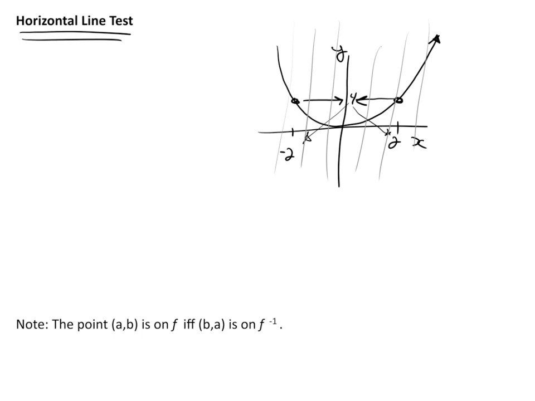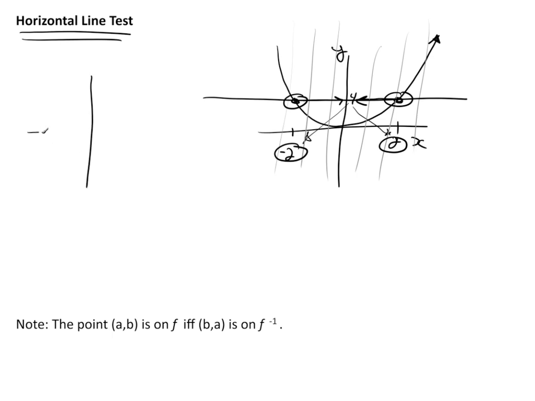Well, that's exactly what we're going to do with the horizontal line test. If I come across here and I hit the function in 2 places, which is obviously more than 1, that means I have 2 values in my domain that go to the same value in the range. Hence, this would not have an inverse function.